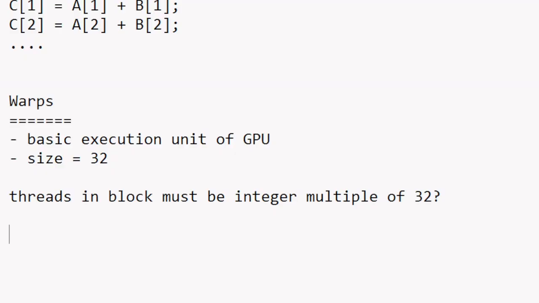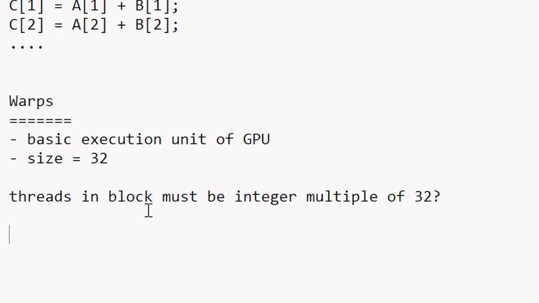The answer to this question is: it would be nice if it is a multiple of 32, but that is not required. Since the GPU schedules 32 threads together, if it is not a multiple of 32, some of the threads may be wasted or not utilized, but that is not illegal or prohibited.